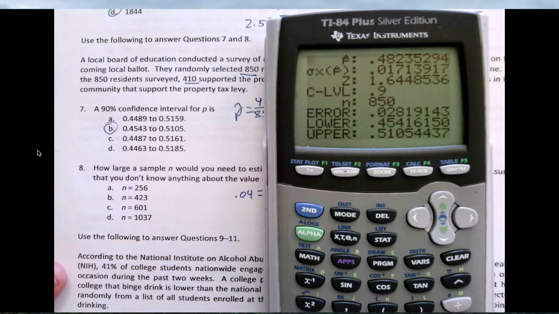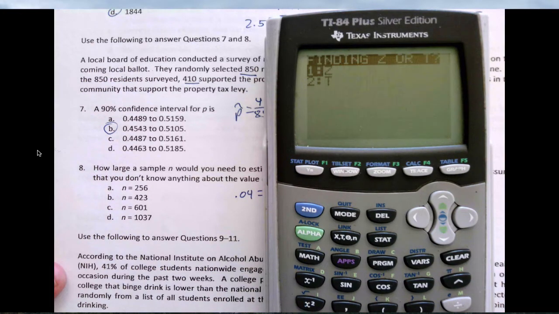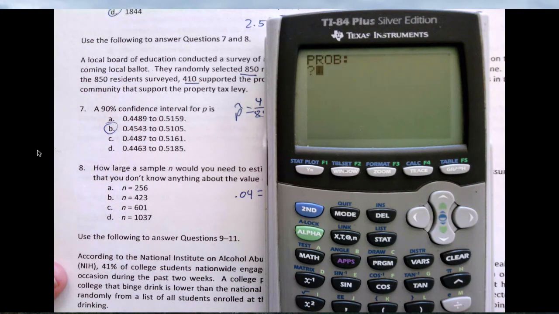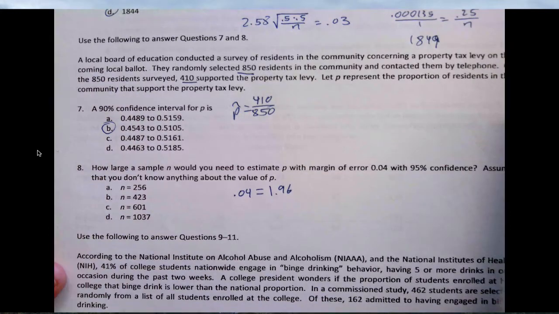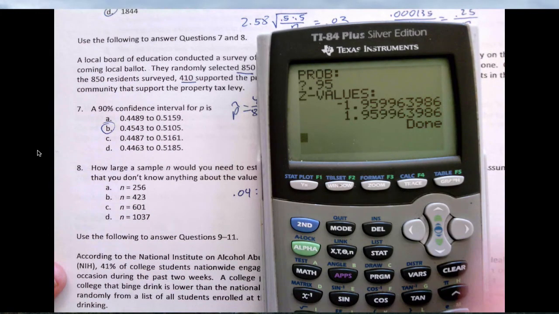Again, let's assume I didn't know that. So one way to do it is just to go to find a Z or T. Z. I know the probability between is 0.95. Okay, that's what they said at 95% confidence. All right, and it's 1.96.